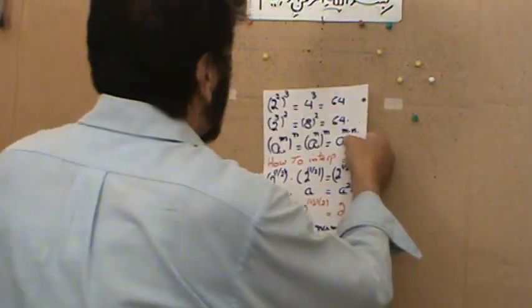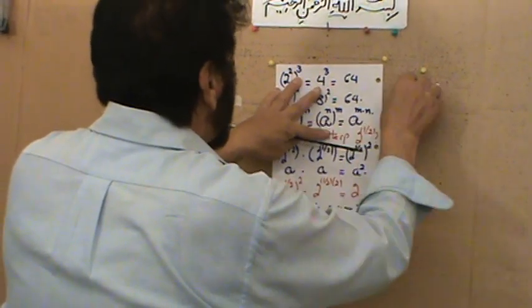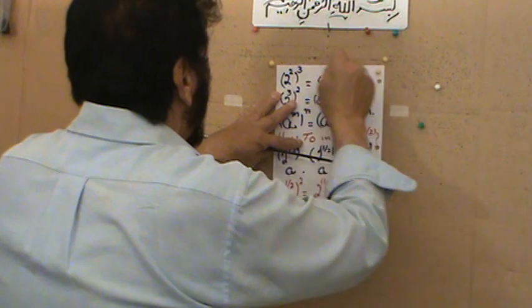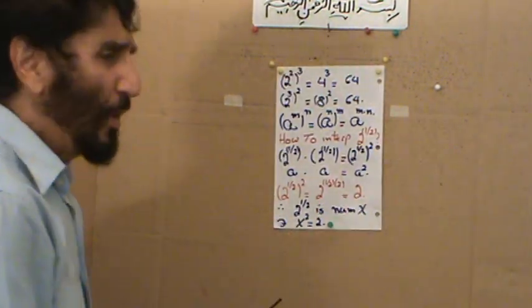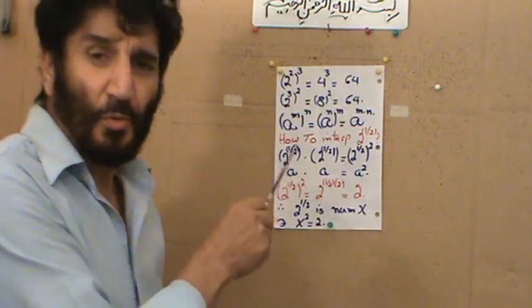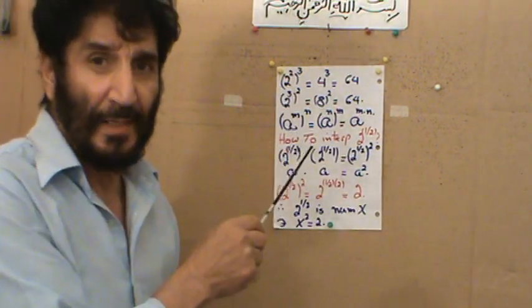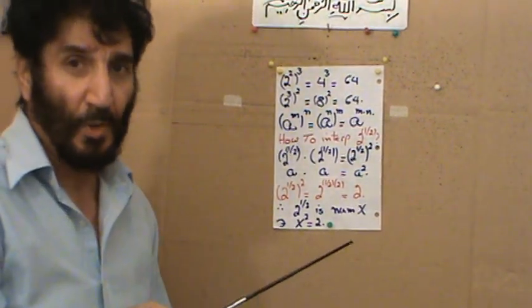Now, let's see about this one and see what motivation this may bring to us. We know 2 to the power of 3. Let's see what it is. 2 to the power of 2 is 4, 2 times 2.